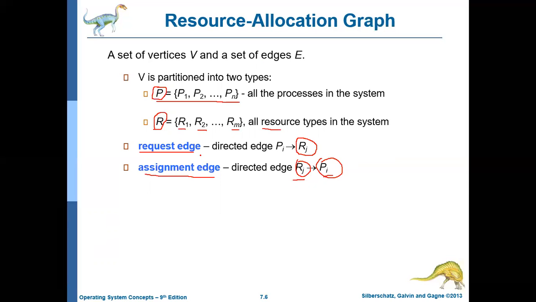The arrow will point towards the process. If a process is requesting a resource, then there will be an edge from the process to the resource. If a process P is requesting a resource R, then there will be an arrow from P to R, pointing towards R. It means the process is requesting the resource and it is not yet allocated.